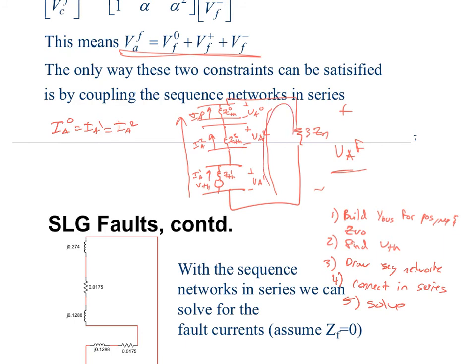Isn't this just a series circuit with one voltage source? So that's going to be equal to V Thevenin divided by this impedance plus this impedance, Z Thevenin 2, plus the Z Thevenin 0, plus whatever fault impedance I have. Those are your three sequence currents.